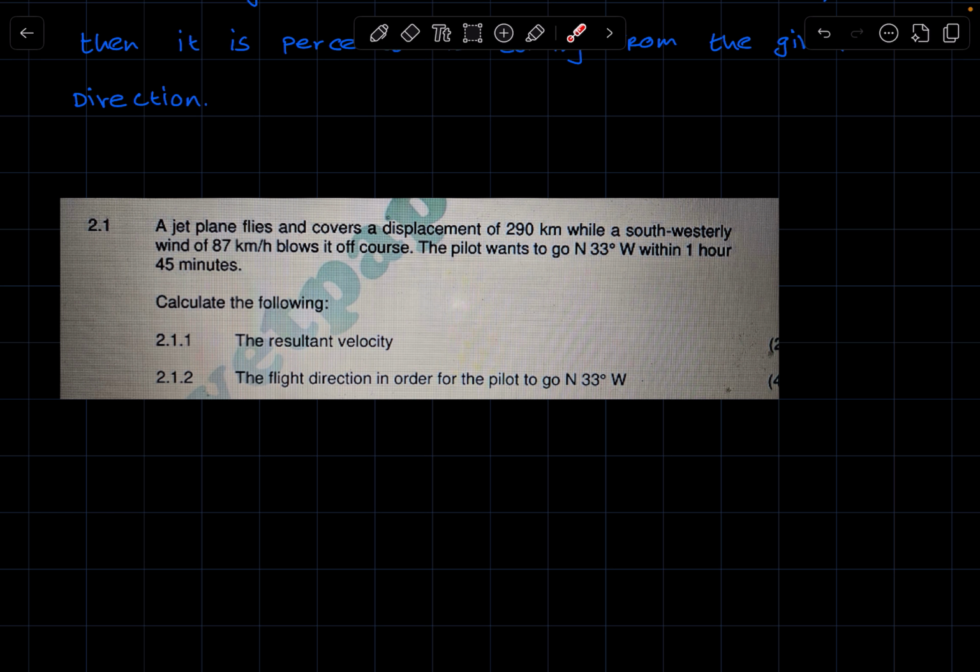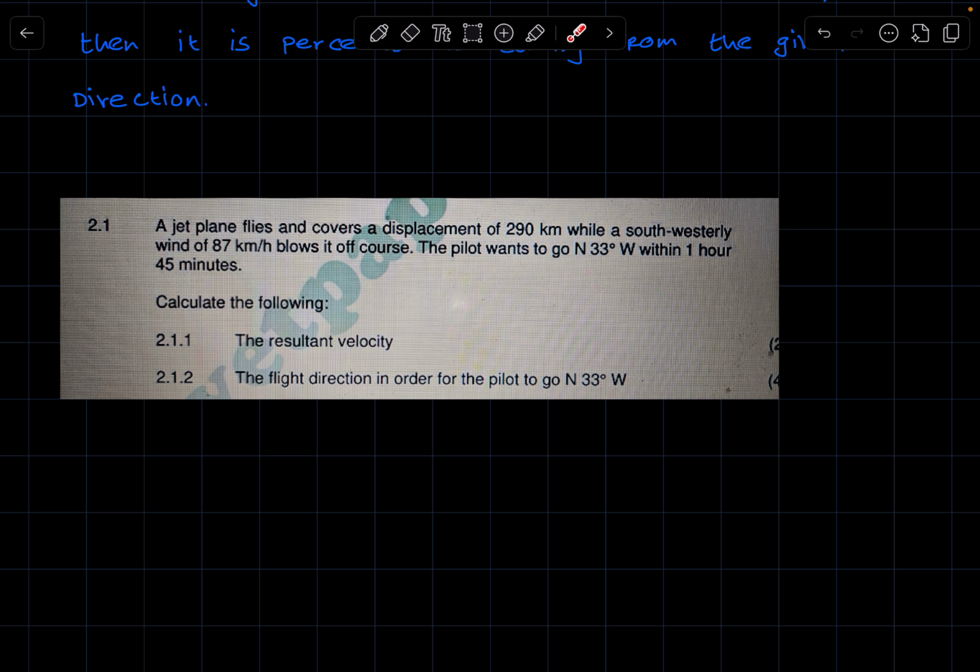Using this problem statement, it reads as follows: a jet plane flies and covers a displacement of 290 kilometers, while a southwesterly wind of 87 kilometers per hour blows it off course.